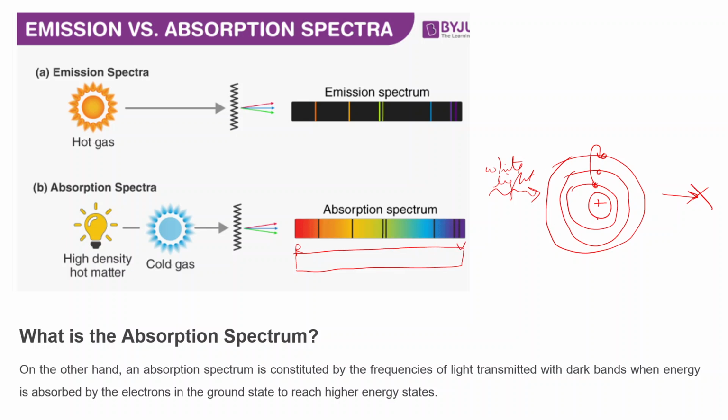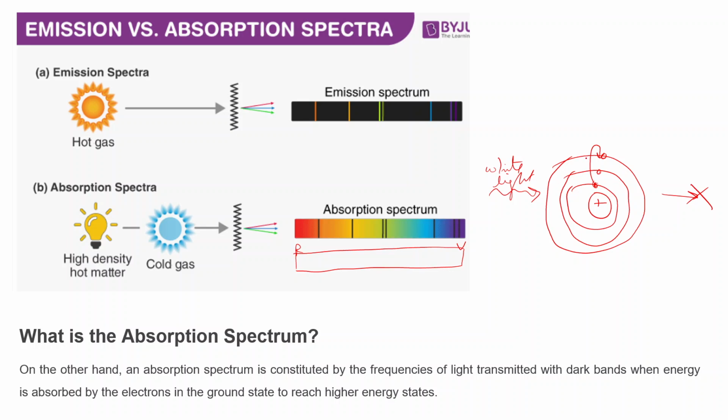But if I put a sample in between, it will absorb some, because the energy difference is discrete, depending on what kind of material it is, because the difference in energy levels also depends on the type of material. So which part of this whole spectrum it will absorb depends on the material.